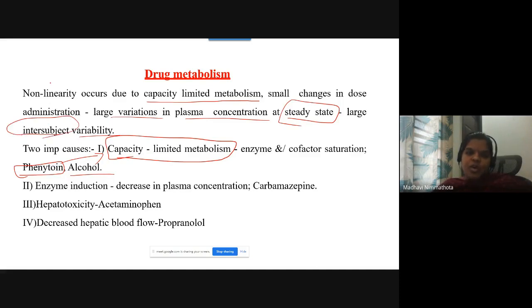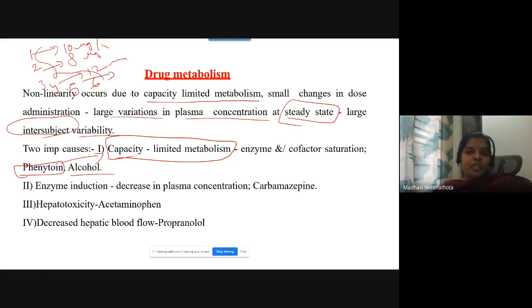So if you want to do some animal studies or human studies for phenytoin sodium, and you take 1, 2, 3, 4, 5, 6 animals or human beings, you may observe the inter-subject variability. Suppose one is showing 10 microgram per ml concentration, another is showing 8 microgram and another is showing 12 microgram.